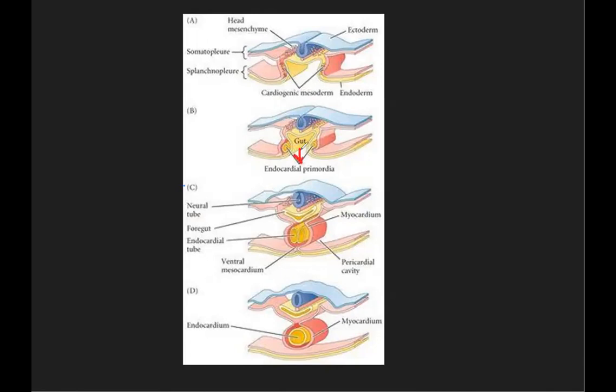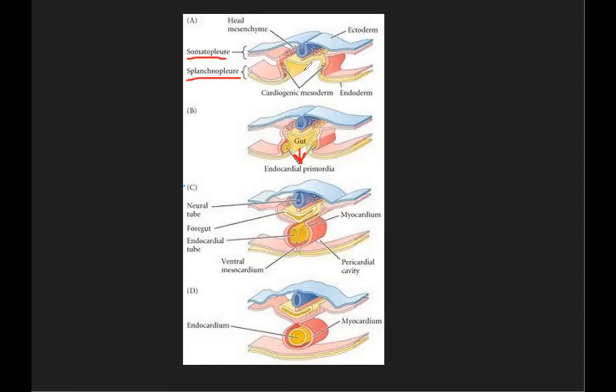And all these pink color cells you see over here, this is the cardiogenic mesoderm. These two above layers are collectively called the somatopleure, and the two layers below are called the splanchnopleure. So the two above layers are somatopleure, the two below layers are called the splanchnopleure, and this splanchnopleure are the layers in which the main structures of the heart tube are enclosed.